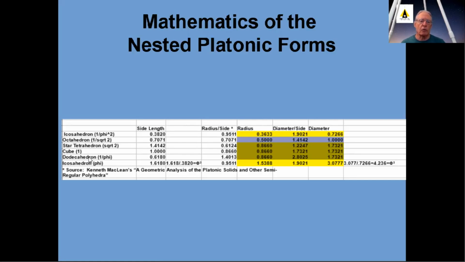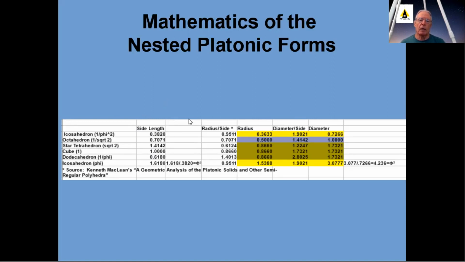So this is the progression that Lawlor suggested, along with the side lengths, which I have in parentheses, at least in terms of their sacred geometry equivalents. Now I've converted those side lengths into numbers in the next column.